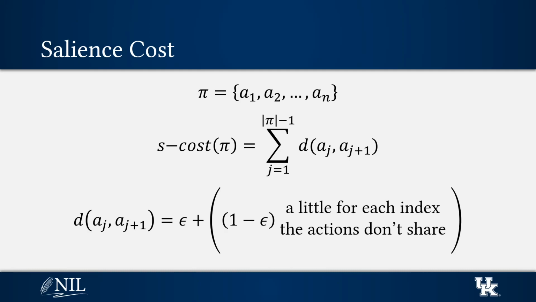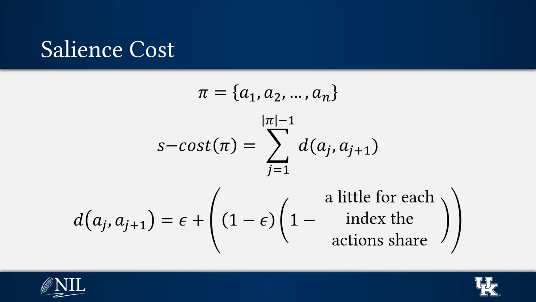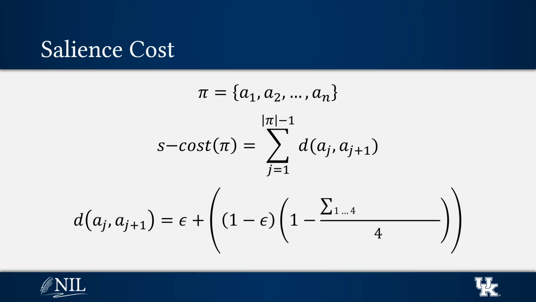Distance is high when actions do not share indices, so we're actually counting how many indices they don't share. Or we can think of this as 1 minus the number of indices they do share. For now we've got 4 indices: protagonist, time, space, and causality. But to keep things general, we'll say that for however many indices we have, let each one of those indices be a function I, and we'll count 1 if the actions do share that index, and 0 if they don't.